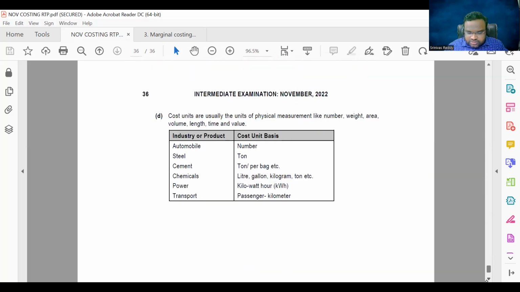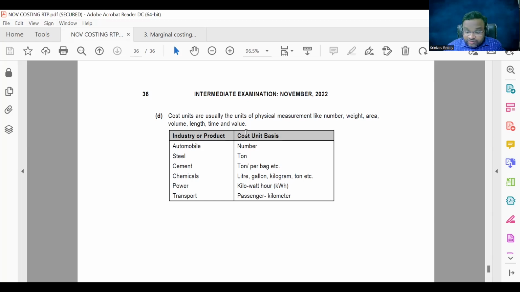So what are cost units? It is the basis for which cost is measured. Automobiles, numbers. Steel, tons. Cement, bags. Chemicals, liter, gallon. Power, kilowatt hour. Transport, passenger kilometers. So that is what we have done in service costing. It is a simple question. This is there in our service costing chapter, correct?